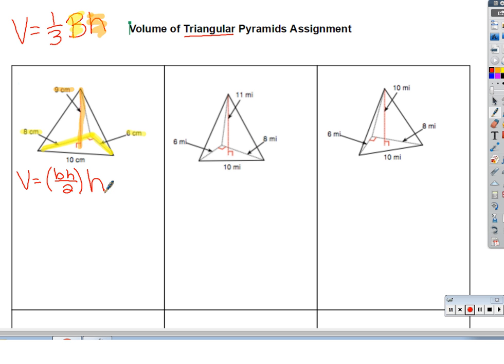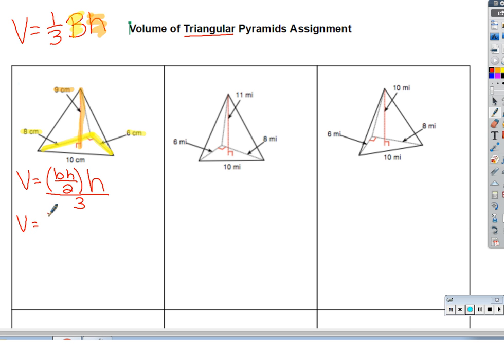And after we do all of this, the base times height divided by 2 times the height of the pyramid, what do you think we're going to divide by? We're going to divide by 3 because it's a pyramid. Okay? So we're adding an extra step from yesterday. Yesterday we just did base times height divided by 3 because we have rectangles and squares.